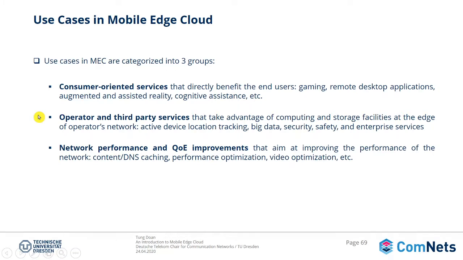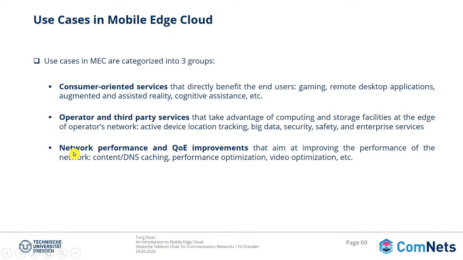The second group is about the operator and third-party services, so it can take advantage of the computing and storage resources at the edge of the operator's network. There are some examples such as active device location tracking, big data, security and safety, enterprise services.